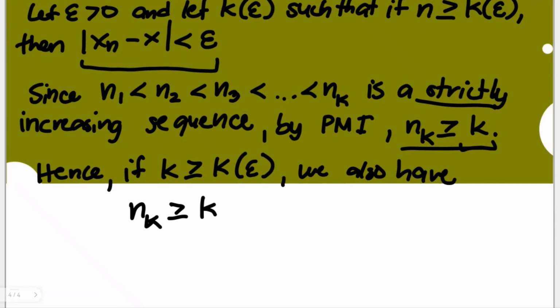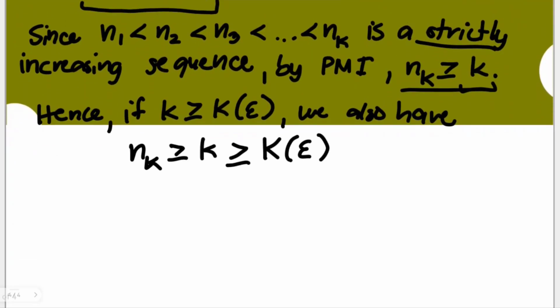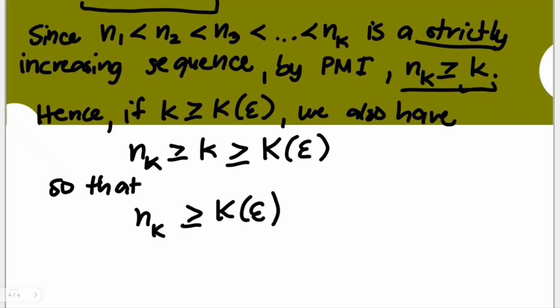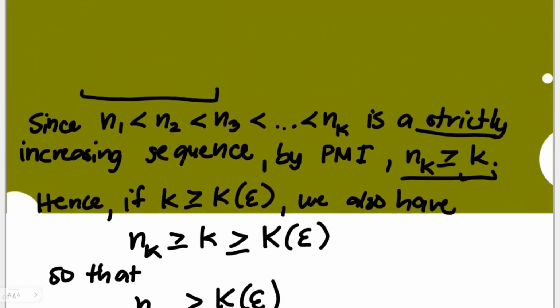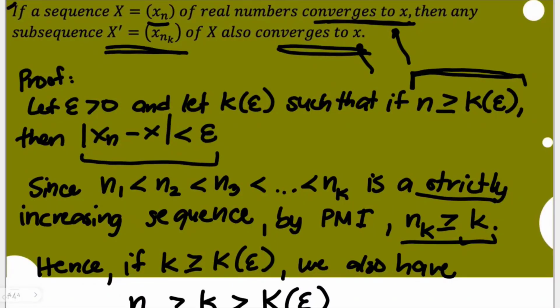So combining the two inequalities, we have n sub k greater than or equal to K of epsilon. I'm going to remove the middle man here, so that I only have n sub k is greater than or equal to K of epsilon. Since we have established this, going back to the previous statement, we established that x sub n minus x, x being the limit, is less than epsilon.